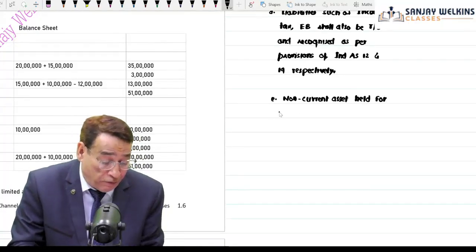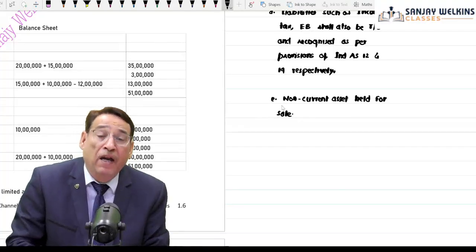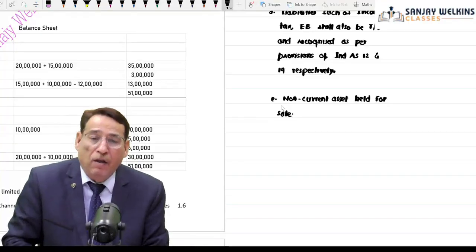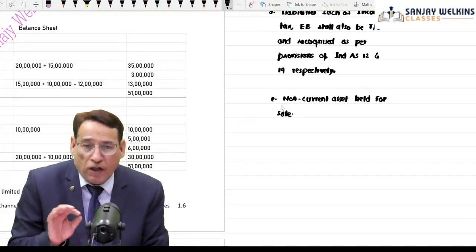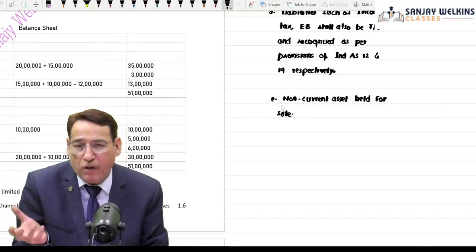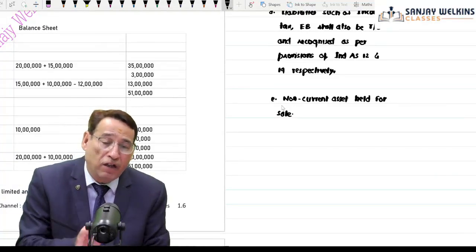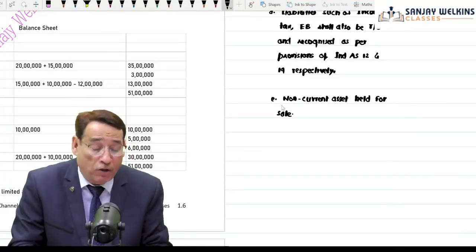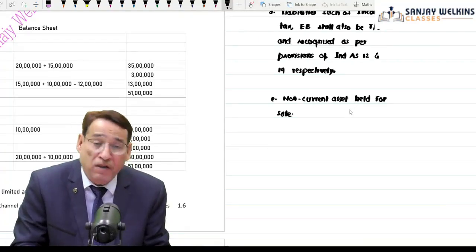Suppose your acquiring entity has classified some of the non-current assets as held for sale. A non-current asset held for sale is one wherein we feel that without selling them off, we cannot recover their carrying amount. That means unless and until we dispose them off, we are not going to recover the amount. So such items are generally categorized as non-current asset held for sale.